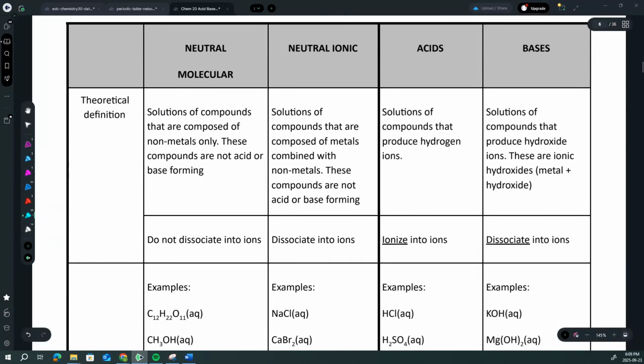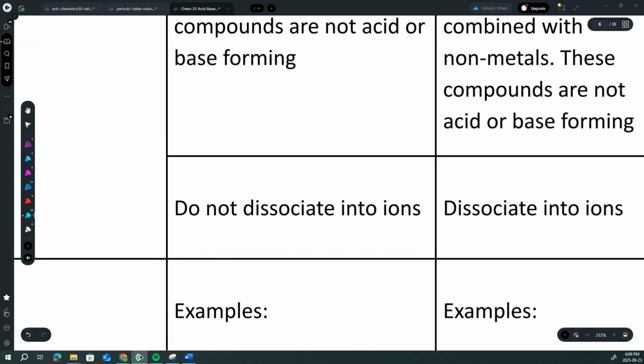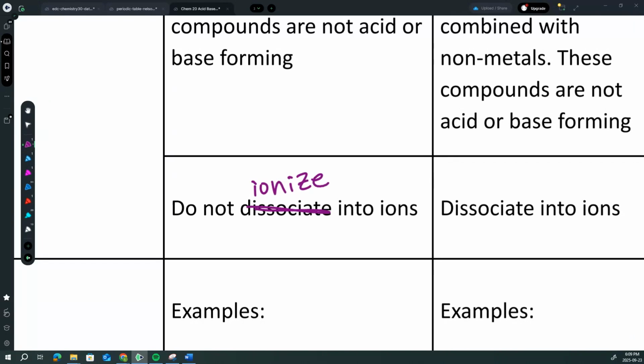Okay, so just going through these definitions. Neutral molecular compounds are solutions of compounds that are composed of nonmetals only. These compounds are not acid or base forming, because they're neutral. Now, we are going to have to adjust the notes here. Because it's a molecular compound, we cannot say that it dissociates, because that's specifically for ionic compounds, but we can say that it does not ionize into ions.